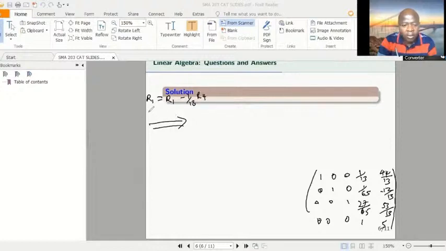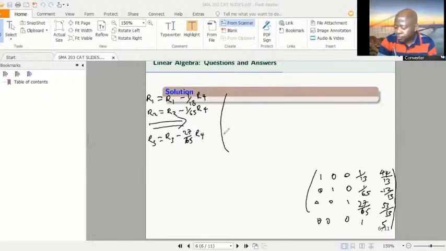I also want row 2, I'll take the current row 2 and subtract 1 out of 65 of row 4. I also want row 3, I'll take the current row 3 minus 27 out of 65 of row 4. So what will that give me?